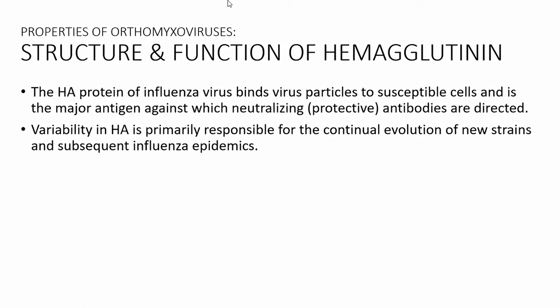For the structure and function of hemagglutinin, this protein of influenza virus binds virus particles to susceptible cells and is the major antigen to which neutralizing antibodies are directed. So this is the function of the hemagglutinin protein, the attachment of the virus to the susceptible cell. Variability in hemagglutinin is primarily responsible for the continual evolution of new strains and subsequent influenza epidemics.